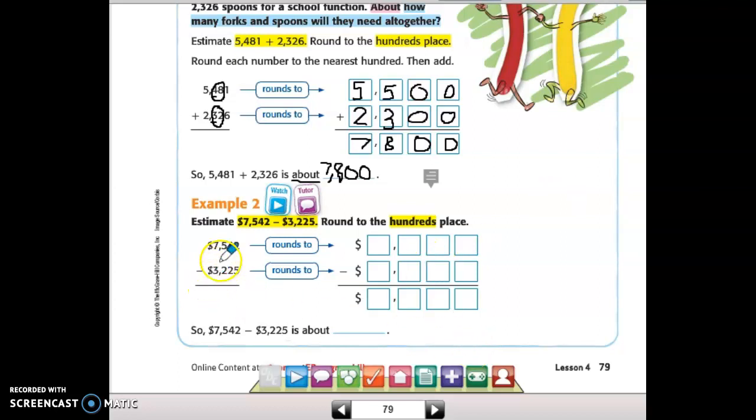So, to round to the hundredths place, underline the hundredths place, circle the one after it. Everything to the left stays the same: 7 and 3. Everything to the right goes to 0.